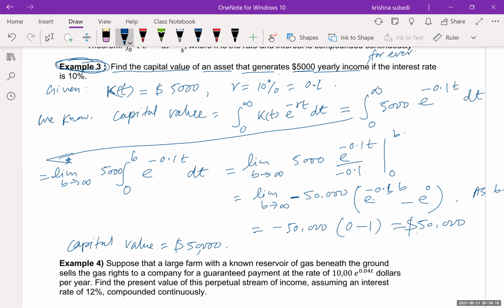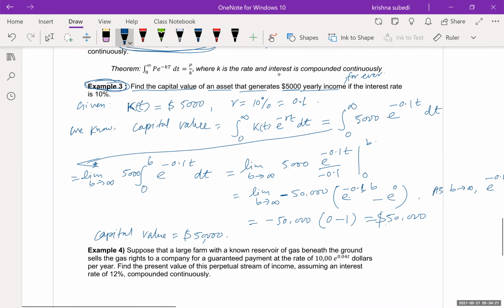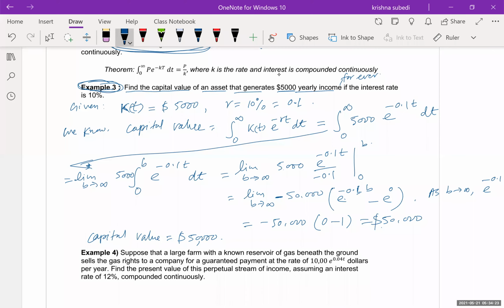Now, what it means is, let us go back to the question and try to understand the meaning of capital value in the context, okay? It says, what is the present value, the present amount that you keep in the bank, and the bank will pay $5,000 for infinitely many years if the interest rate is 10%.